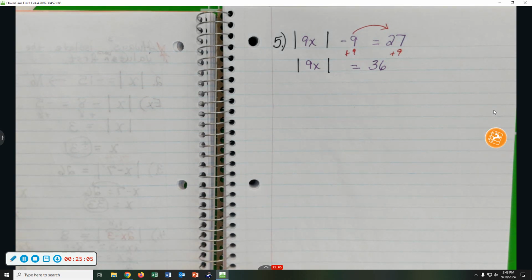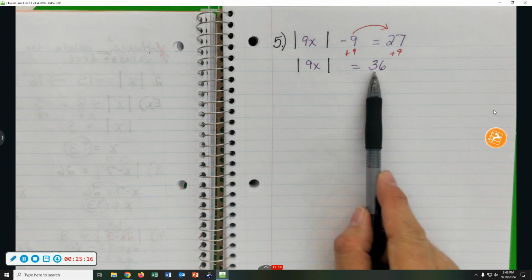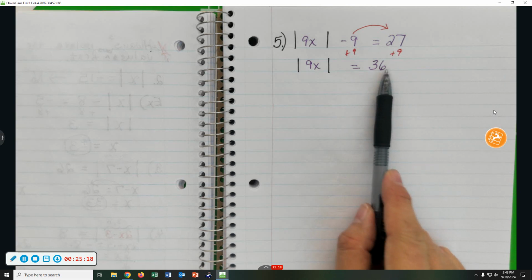Now, if you look at your options, it's theoretically possible this could be a no solution problem, but in actuality, is it a no solution problem? No, you have a positive number over there on the right.